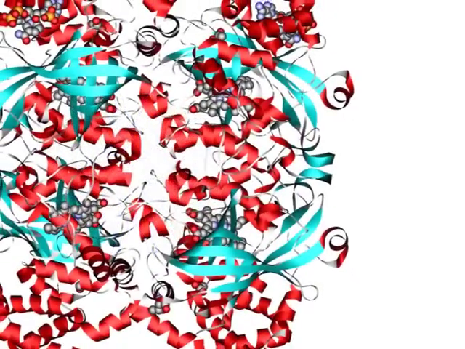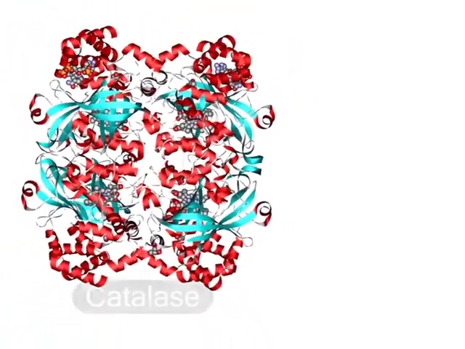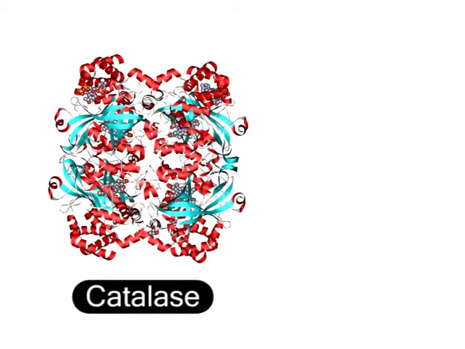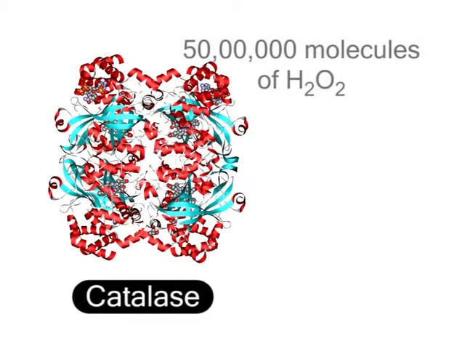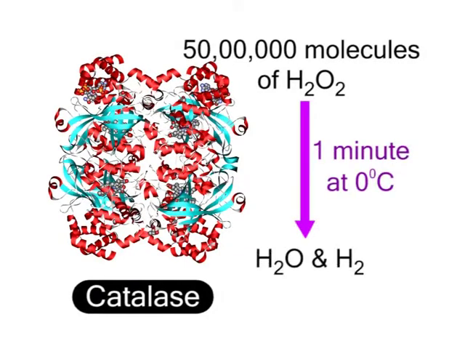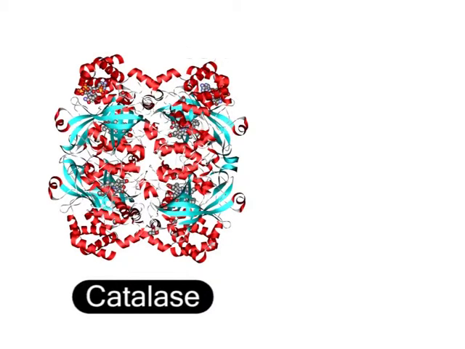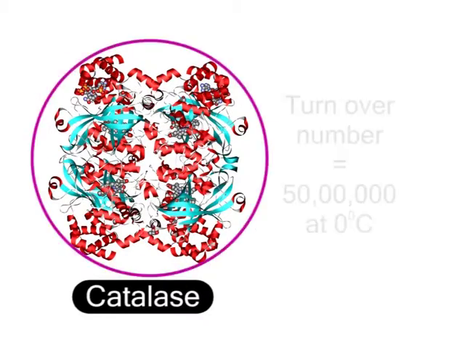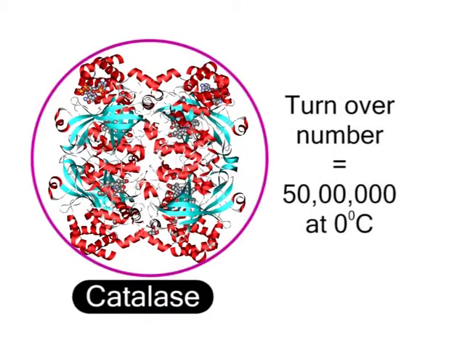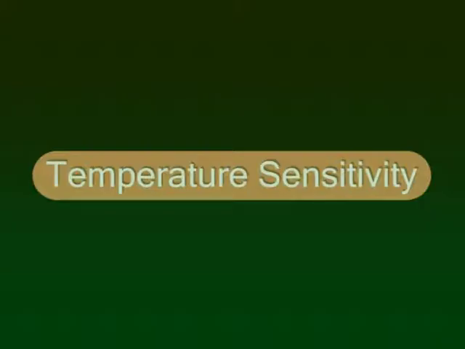For example, a molecule of catalase from cattle liver decomposes 50 lakh molecules of hydrogen peroxide to water and oxygen in 1 minute at 0 degrees Celsius. It means the turnover number of catalase is 50 lakhs at 0 degrees Celsius.